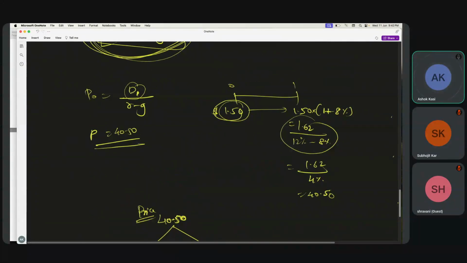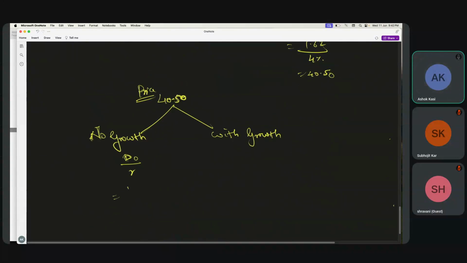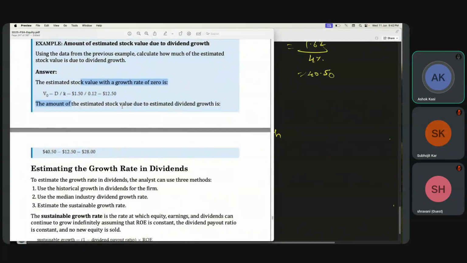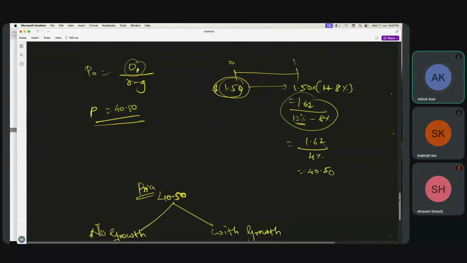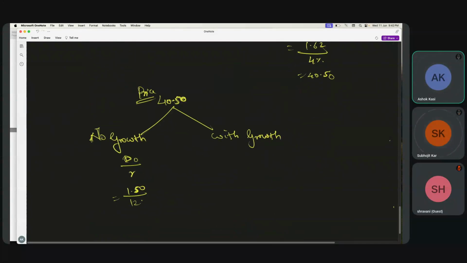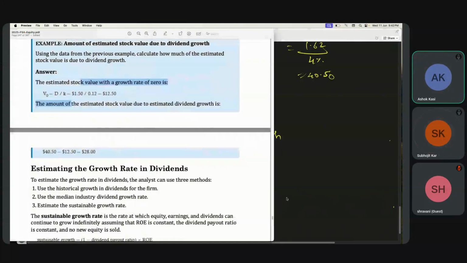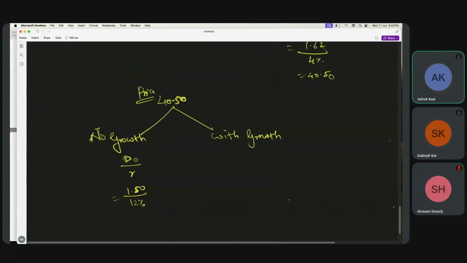So 1.50 divided by R. So R is what? R is here, right? R is 12 percentage. It is the continuation of the previous sum only. Just calculate this. It's 12.5.